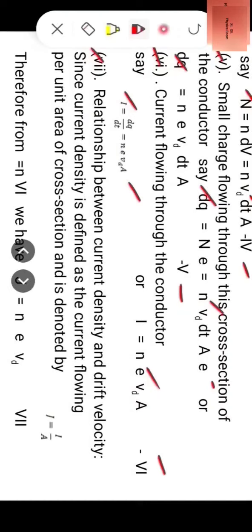Since current density is defined as the current flowing per unit area of cross section and is denoted by J, J is equal to I by A, where J is current density, I is current flowing through a conductor of area of cross section A. Therefore, from equation 6, we have J is equal to n e Vd. Let us mark it as equation 7.